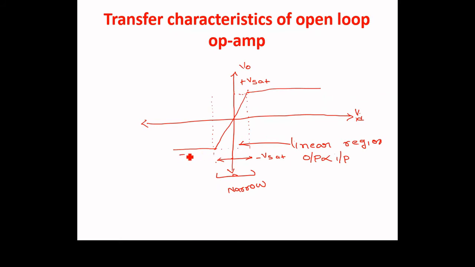The output will switch between plus Vsat and minus Vsat. That's why it is a very narrow region of operation. If you apply any voltage greater than this range, the output voltage simply switches between plus Vsat and minus Vsat. So this is how the transfer characteristics of the op amp look when it is operating in the open loop configuration.